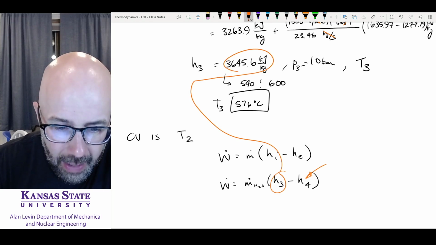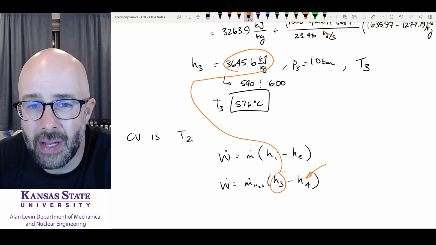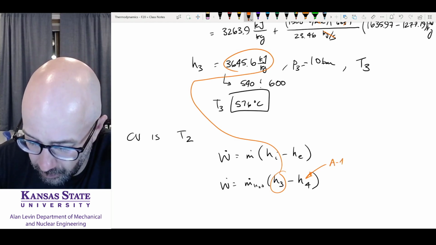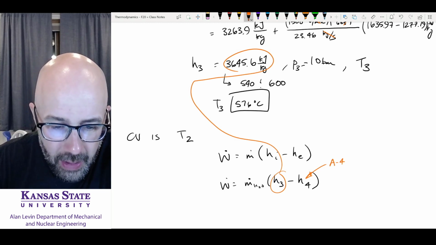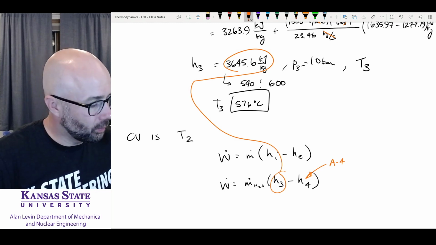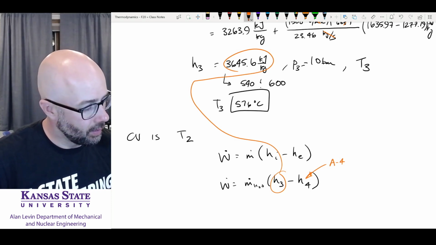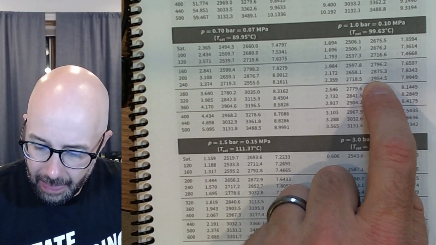H4, we're going to look up at 240 degrees Celsius, 1 bar, which is in table A4. Okay, 240 degrees Celsius, 1 bar, so let's look it up. 240 degrees Celsius is going to give me 54.5 kilojoules per kilogram.